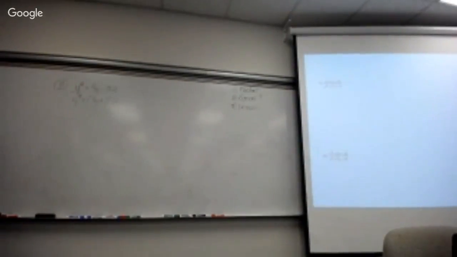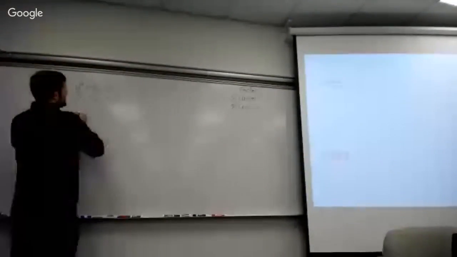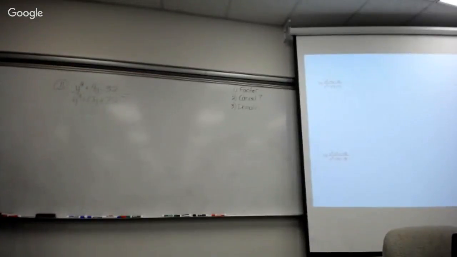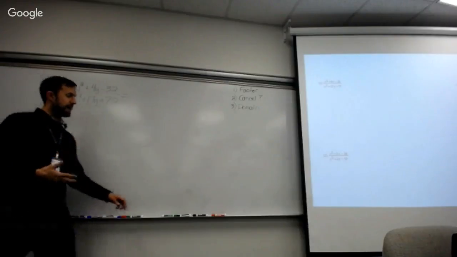Now you might say, well, why do we have to factor? First of all, on the off chance that there's something to cancel, right? So that's the first reason we would factor, because there's a possibility that we could cancel one of those binomials. But what's the other reason we have to factor it?